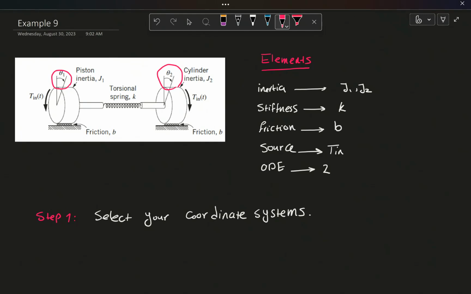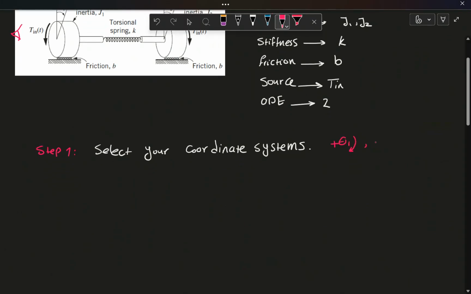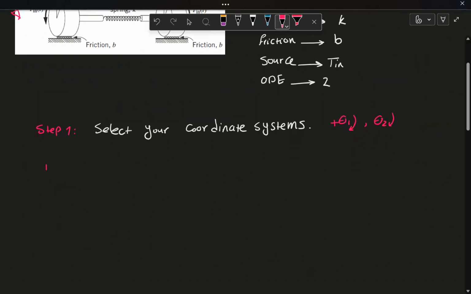Now, if you look at the system from the side view, you see that theta 1 and theta 2, both of them are moving in the clockwise direction. Good. Step 2 would be isolating your inertia elements.